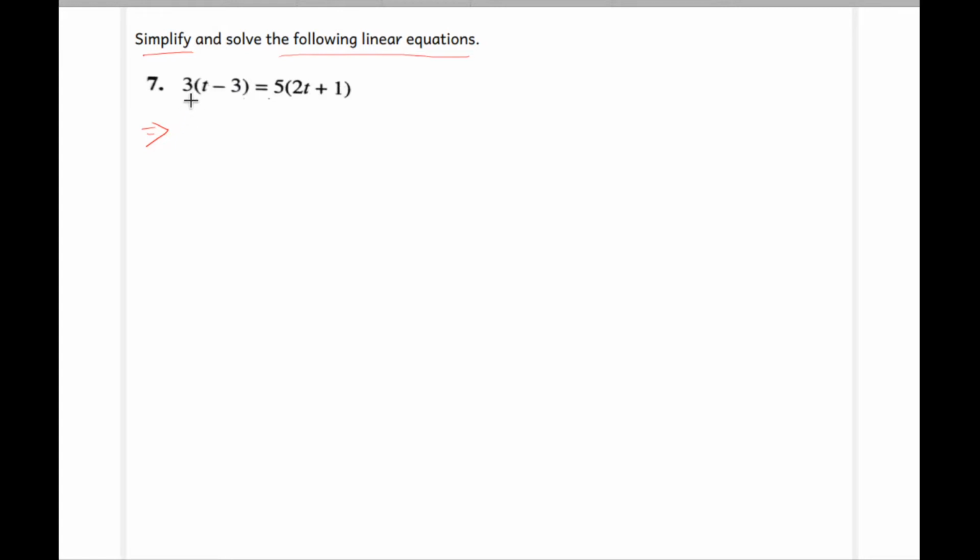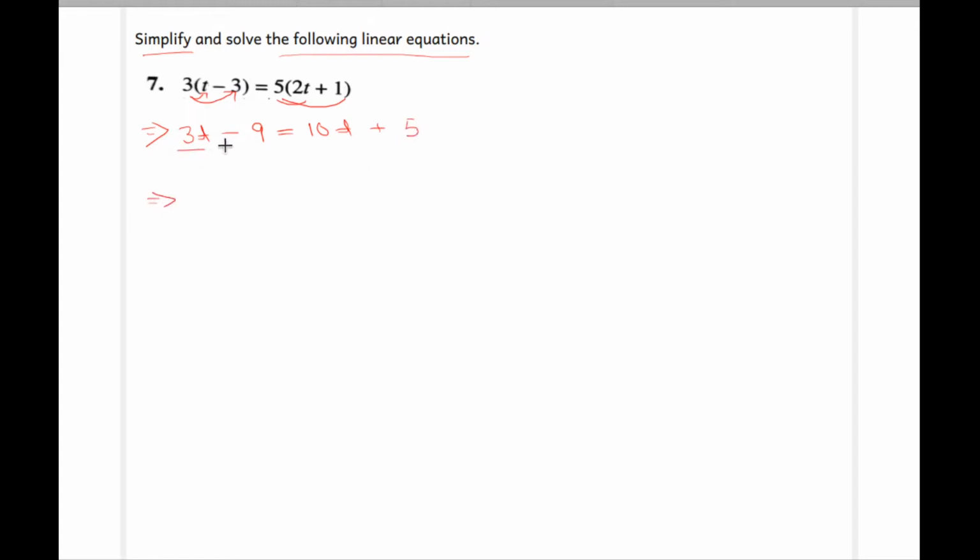Okay. So this is in multiplication form. So just using the distributive property, it will become 3t minus symbol, so minus 3 multiplied by 3 is 9. 5 multiplied by 2 is 10 and t is there, so 10t plus 5 multiplied by 1 is 5.